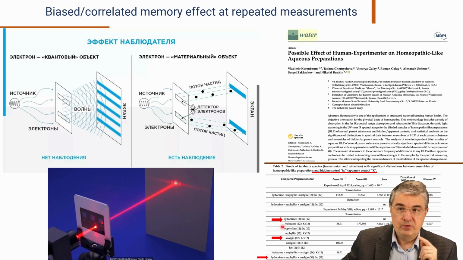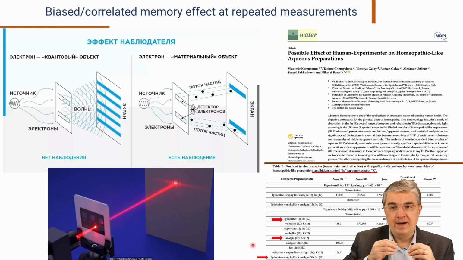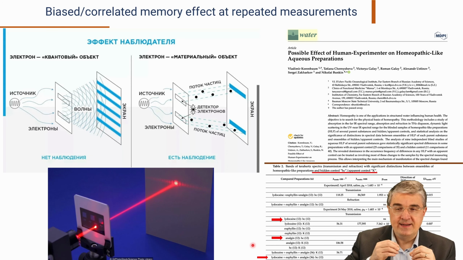And this was not a single measurement; there were multiple measurements for each case, and there were multiple cases as well. So it's a specific repeatability. It means the human expectation can program, more or less, whatever phantom is in this experimental area, and this in turn influences the outcome of this experiment.